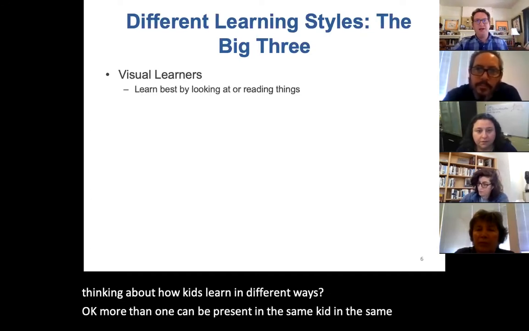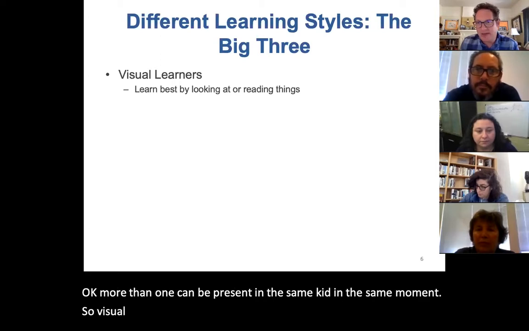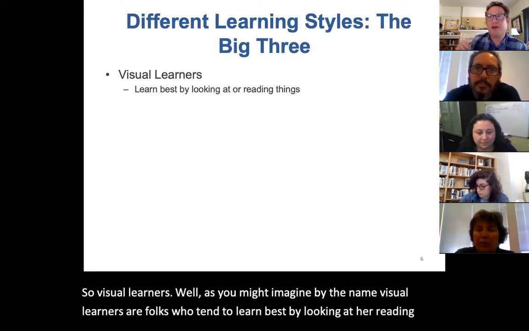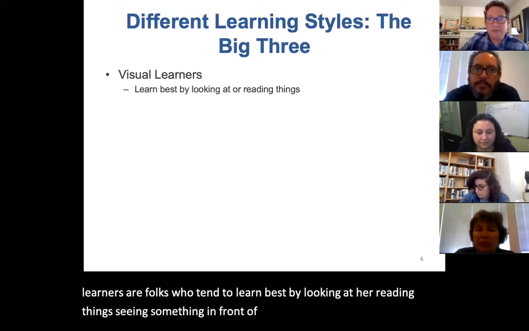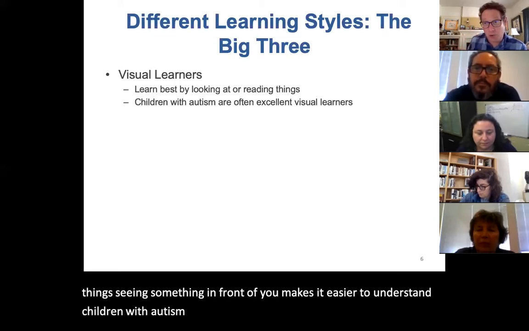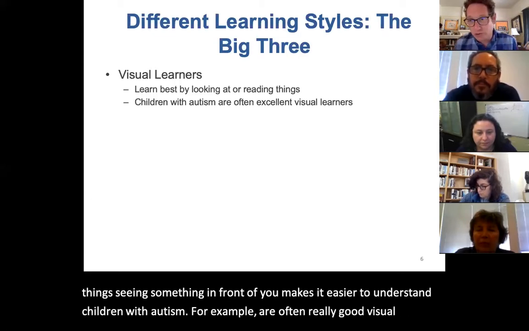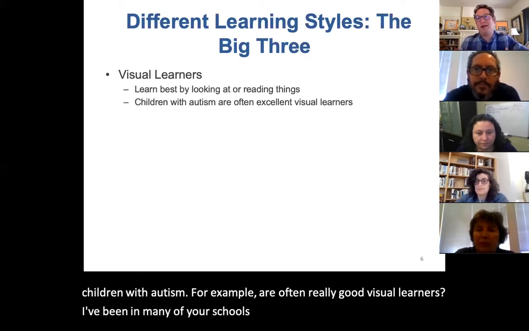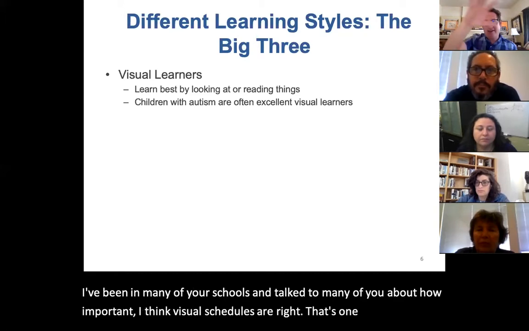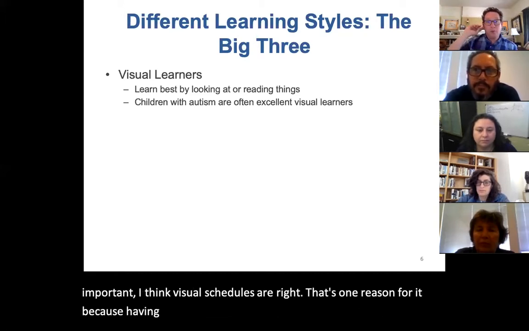So visual learners. As you might imagine by the name, visual learners are folks who tend to learn best by looking at or reading things, right? Seeing something in front of you makes it easier to understand. Children with autism, for example, are often really good visual learners. I've been in many of your schools and talked to many of you about how important I think visual schedules are, because having visual schedules up on the board really cues in.